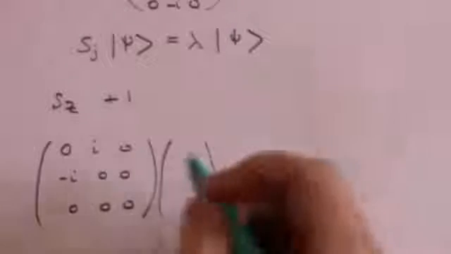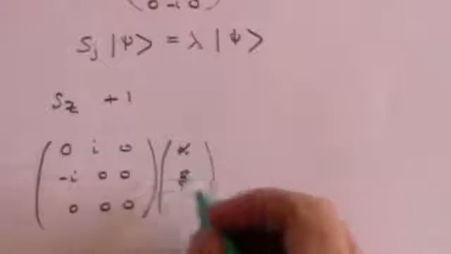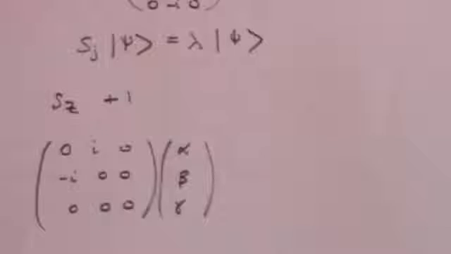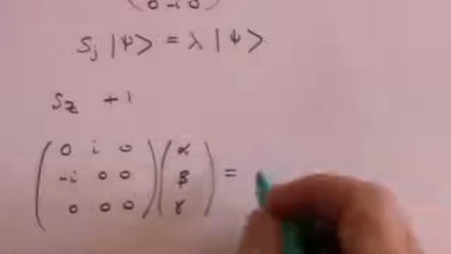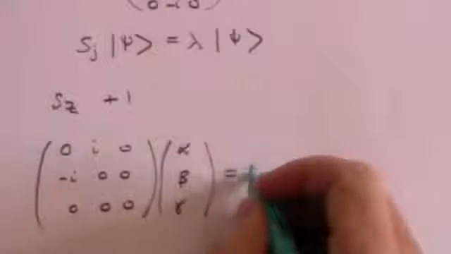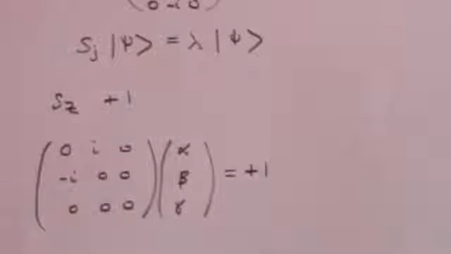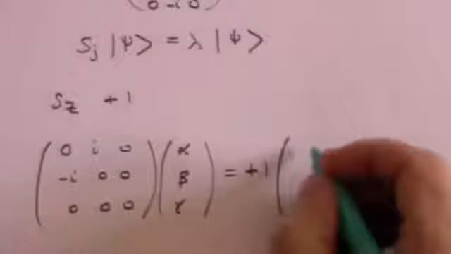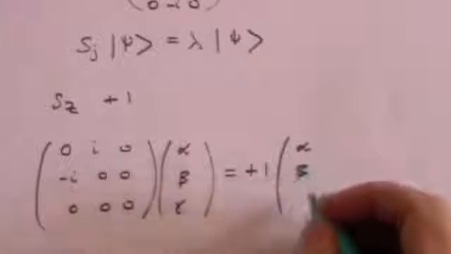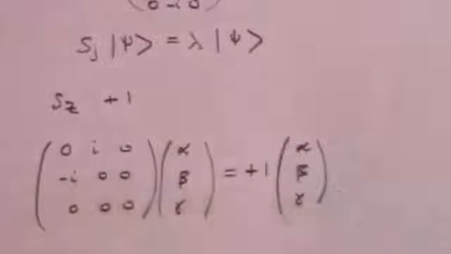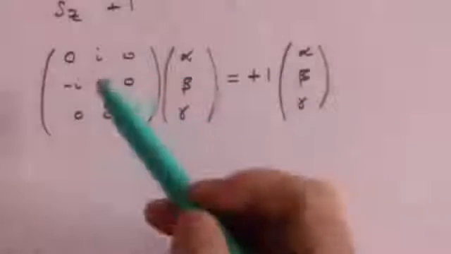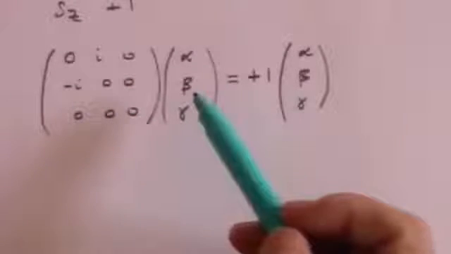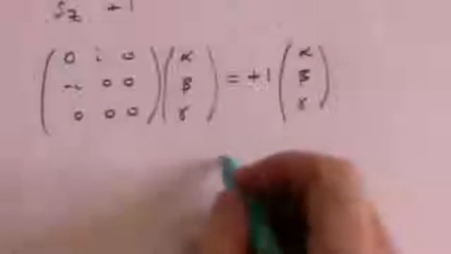What is the dimension of the eigenvector? It must be 3 dimensions because we've got a 3x3 matrix. So let's just call that alpha, beta and gamma. Don't know what that is yet. And that is going to produce an eigenvalue, which I've said I want to be plus 1 for this illustration. And that obviously has got to be equal to, multiplied by, the same eigenvector, because that's the whole deal. But what do you get if you multiply this matrix by this eigenvector?